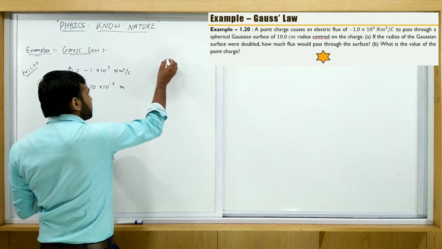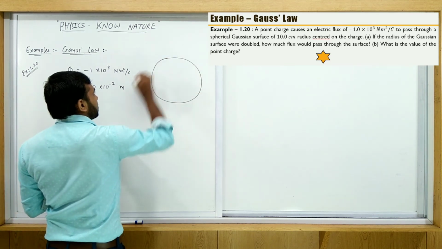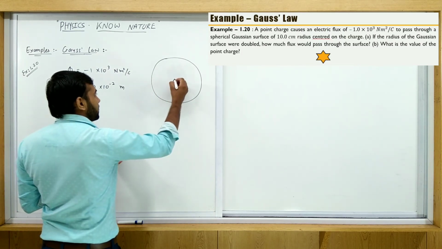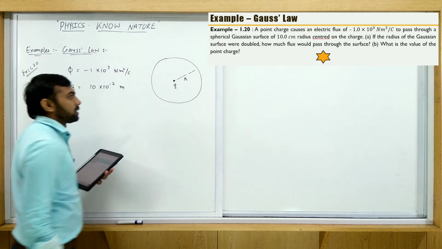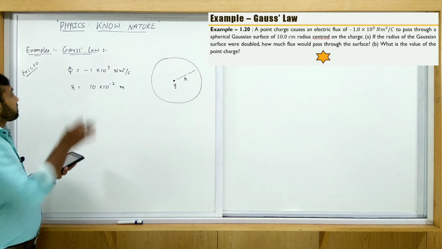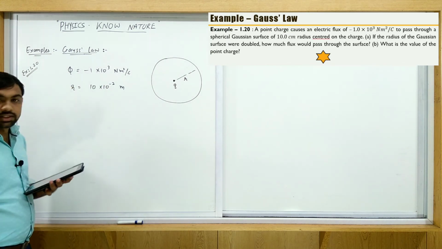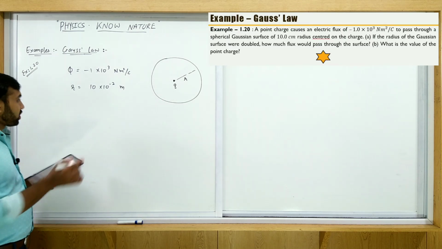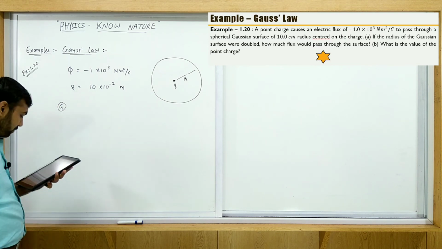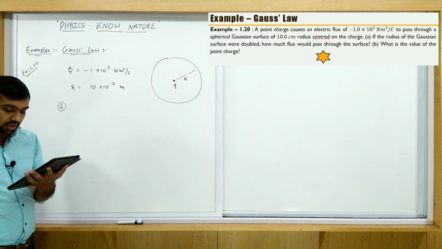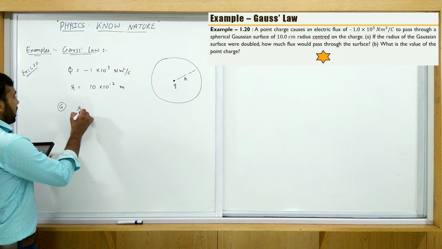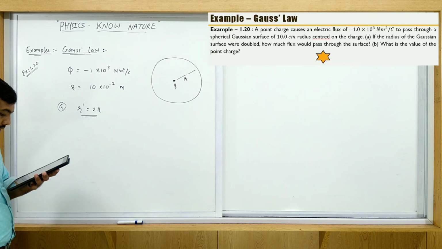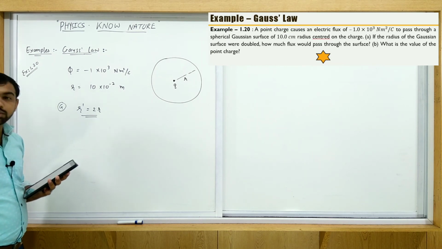Here the Gaussian surface is spherical, and at the center suppose charge q is placed and the radius of the surface is r. Then this much flux is associated with this surface. Question A: if the radius of the Gaussian surface were doubled, if r dash becomes 2r, then how much flux would pass through the surface?